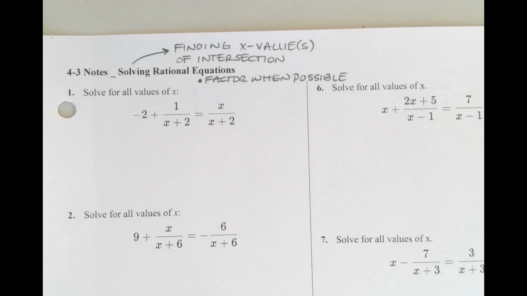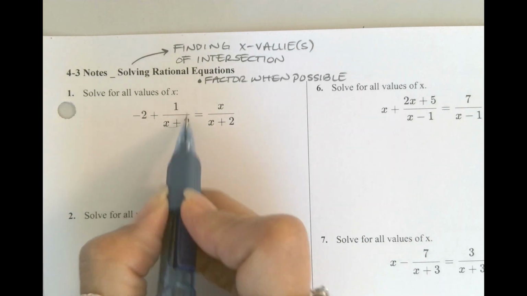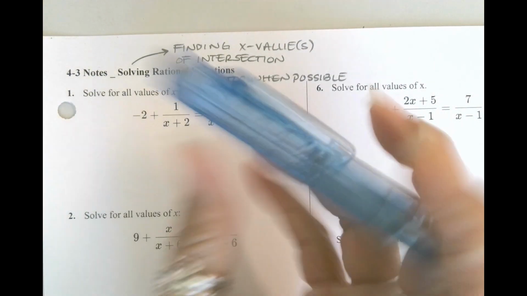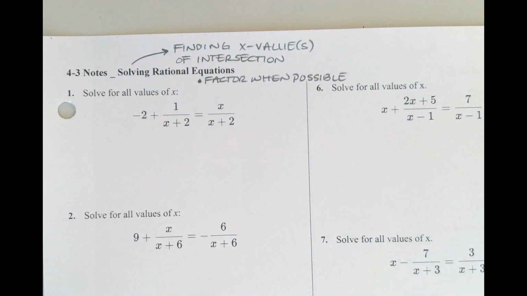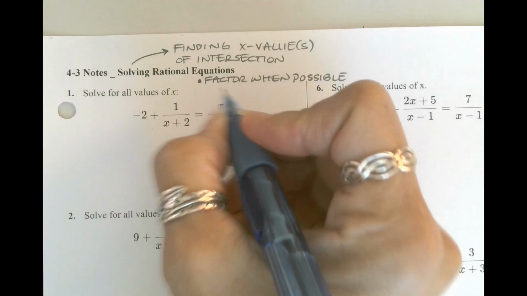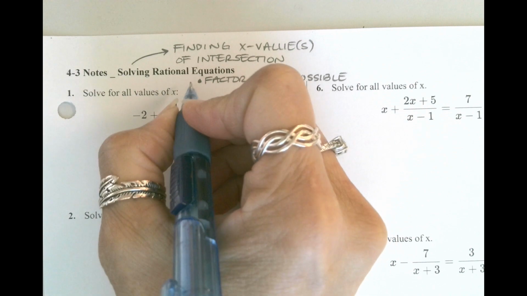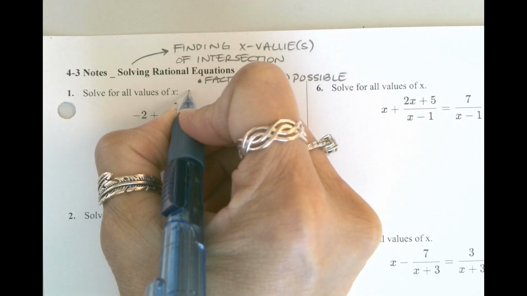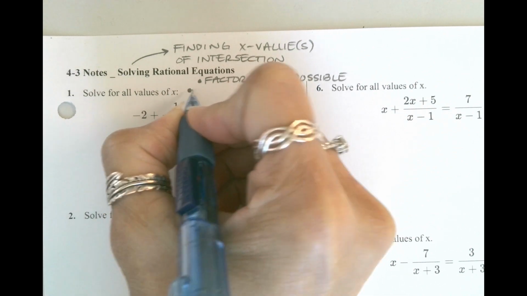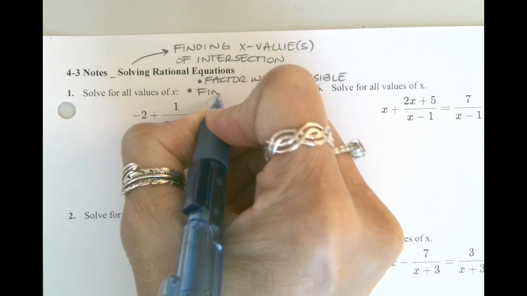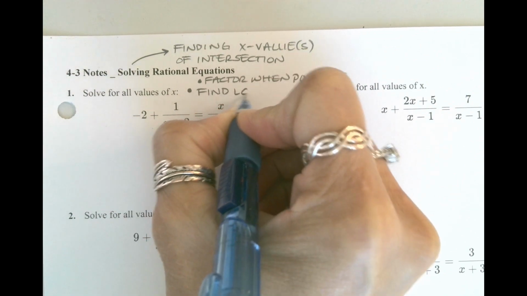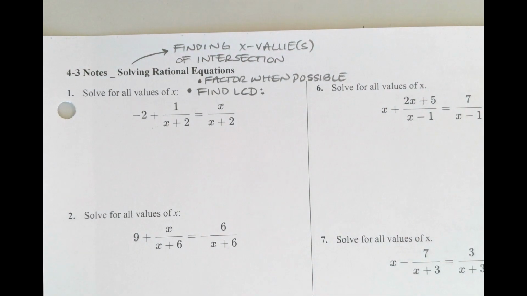If you look at our particular problem, none of the terms have an opportunity for us to factor. Okay, so we're going to start off just taking it easy, but the first step, always please factor wherever possible. The second step you are going to do is I need you to find your LCD, meaning your lowest common denominator.